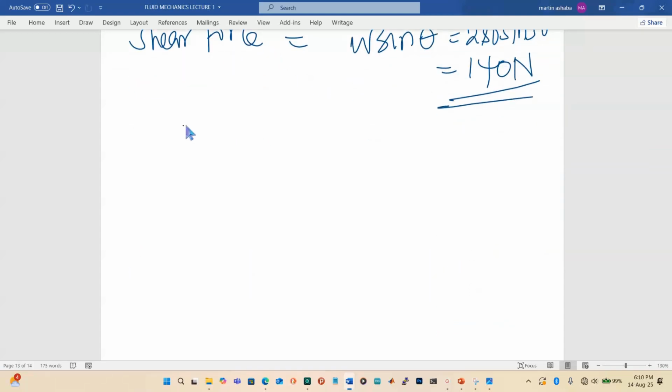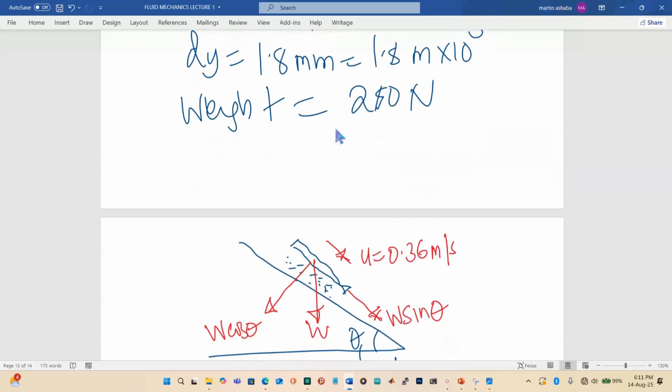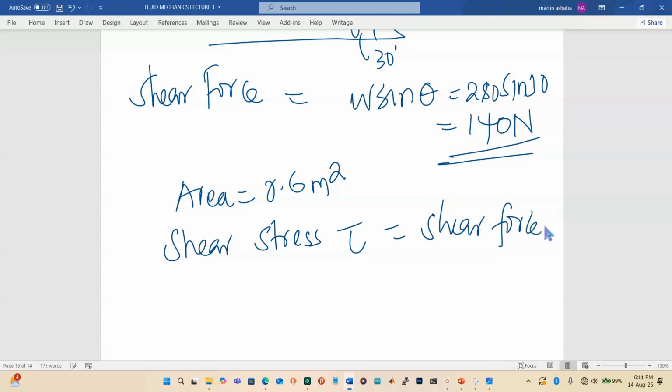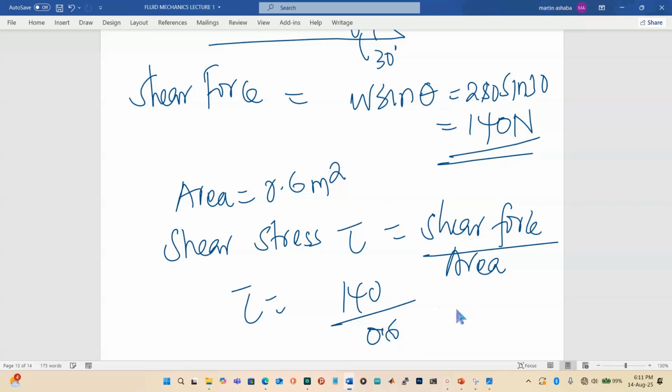Now we need area. Area is given as 0.6. So we know that shear stress tau is equal to the shear force out of the area that is under shear. So tau becomes 140 divided by 0.6. This becomes 233.33 Newton per square meter.